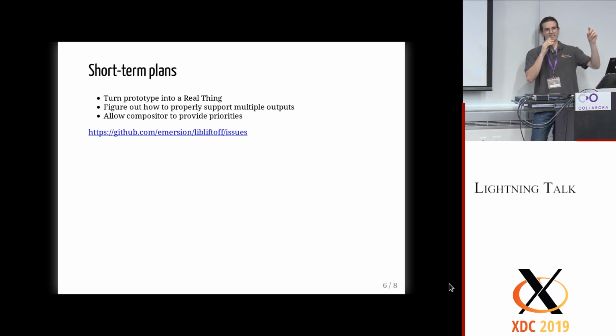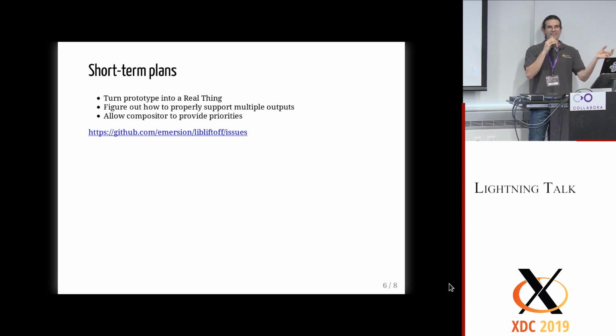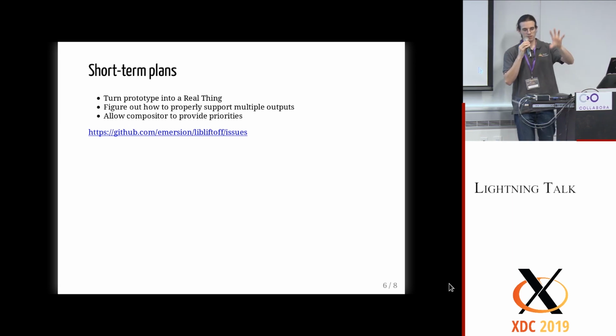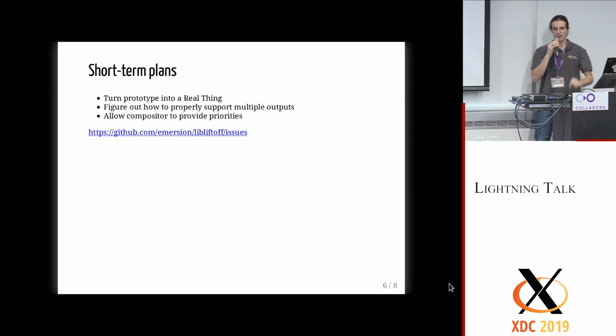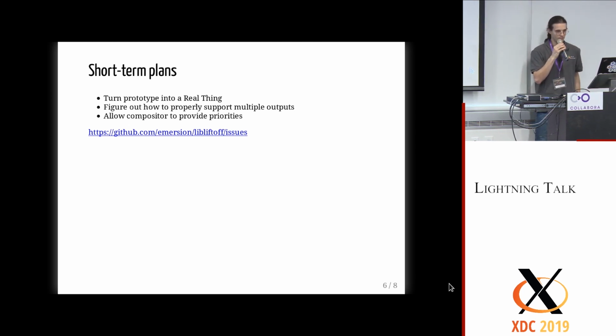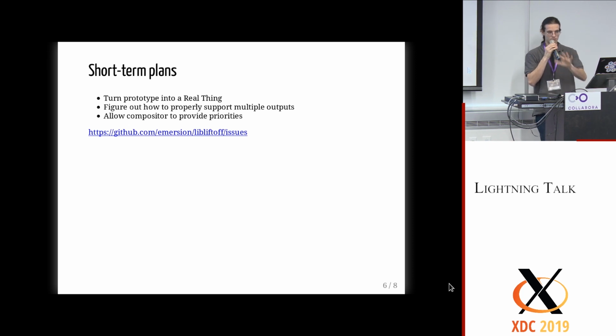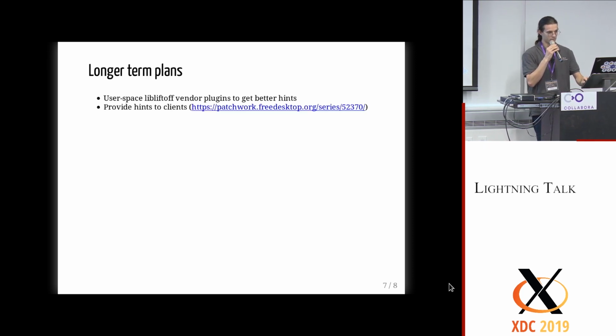And since both output timings are not necessarily aligned, you cannot really balance planes very easily between the two. So that's something we need to figure out. And maybe it's a good idea to allow compositors to provide priorities on some layers, to say this layer is the focused window, so I'd like to put it on a plane. It's more important because it's what the user interacts with.